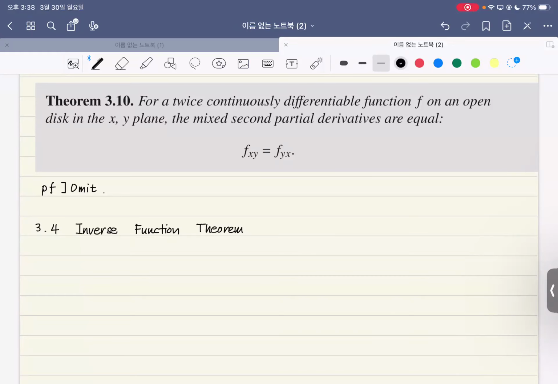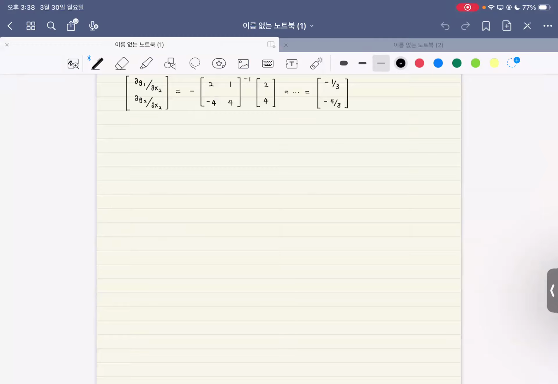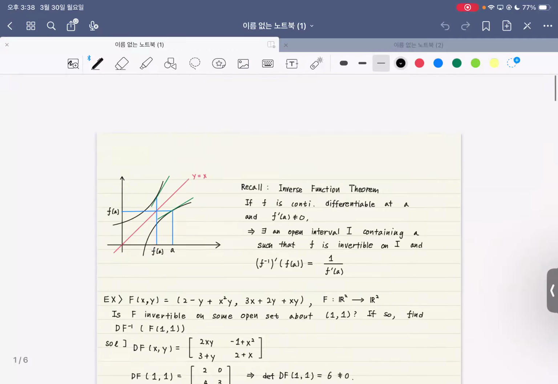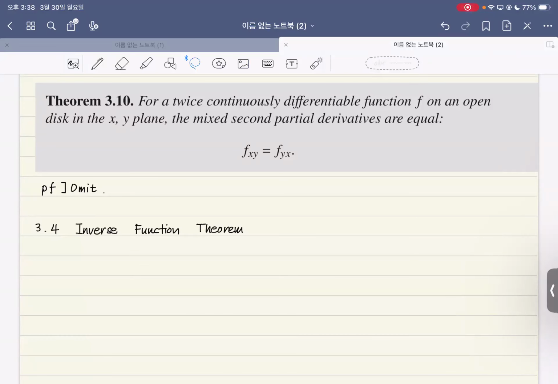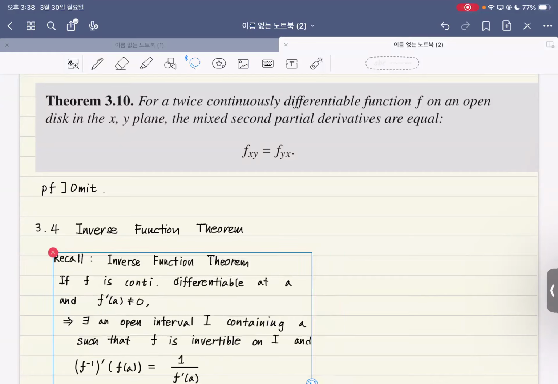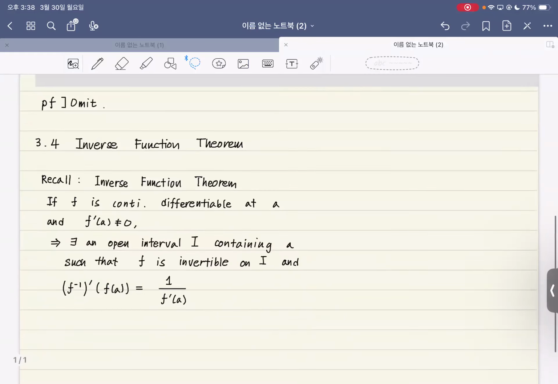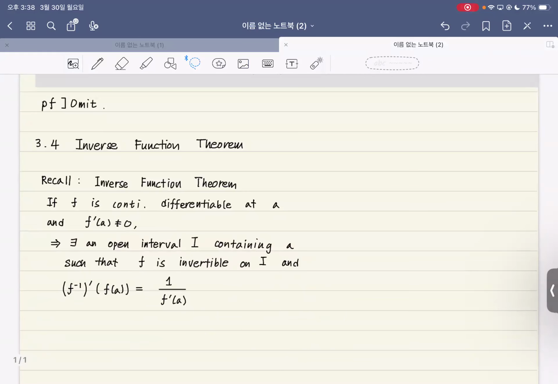First I will start by introducing the inverse function theorem. Do you remember the inverse function theorem in freshman calculus? It goes like this. This is our original freshman inverse function theorem.